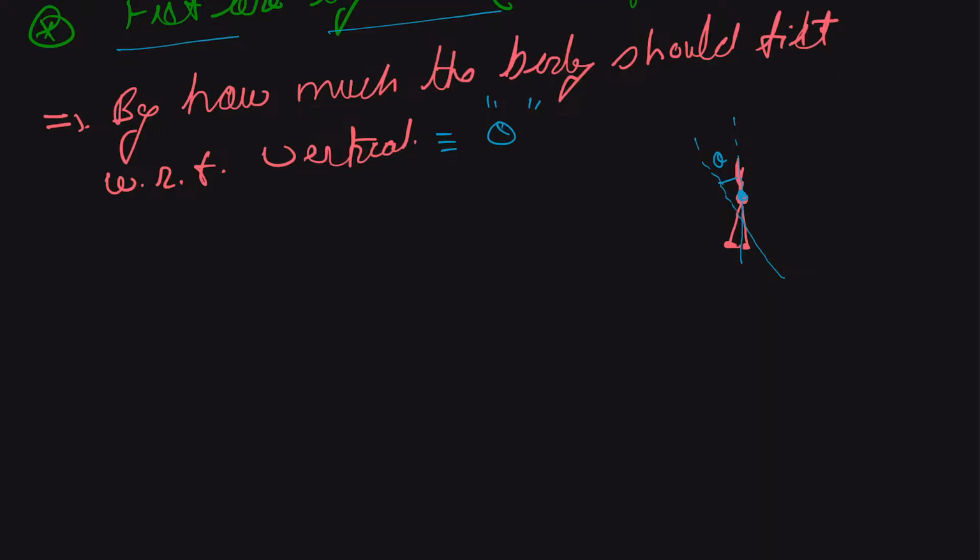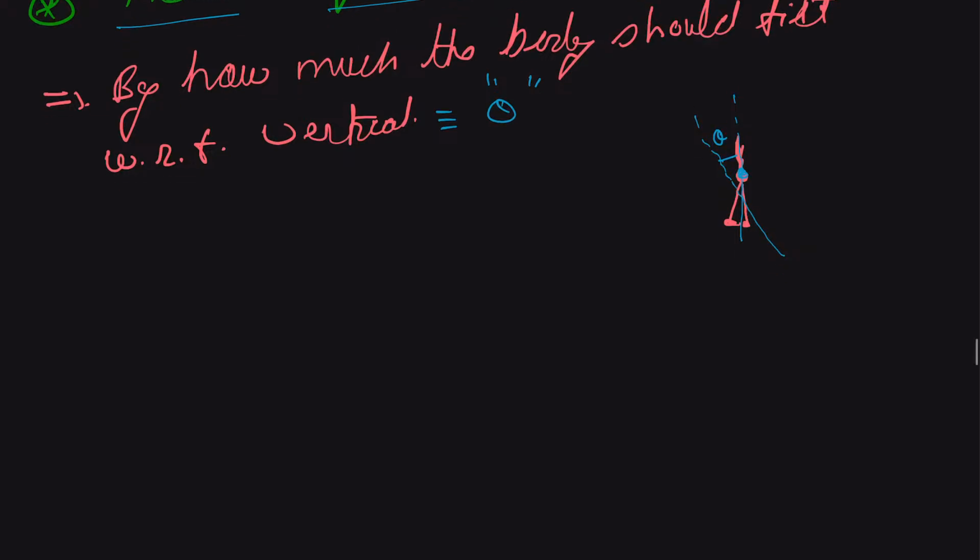And for this case we are going to analyze using the non-inertial frame of our railroad car, or we can say car, where our fictitious centrifugal force will also come into the picture.